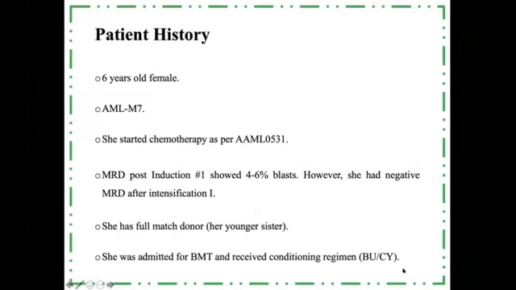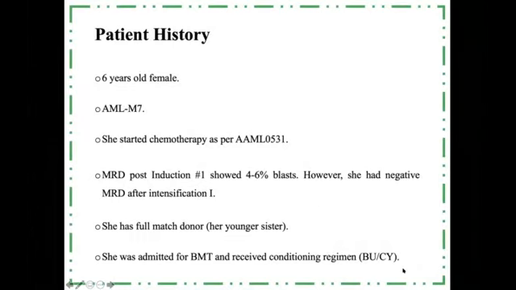She was a 6-year-old female diagnosed with acute myeloid leukemia, megakaryocytic, and she started chemotherapy as per AAML0531. Her minimal residual disease post-induction 1 showed 4 to 6% blasts. However, she had negative MRD after intensification 1.